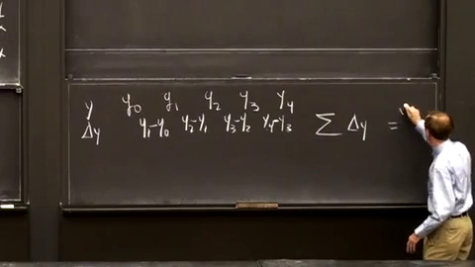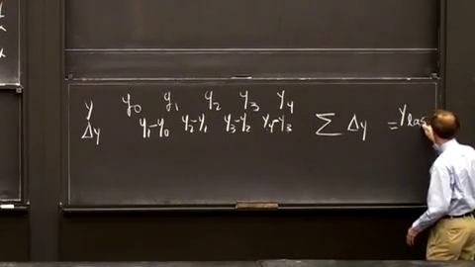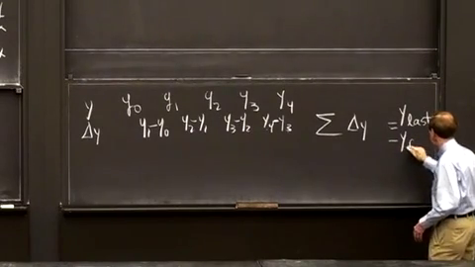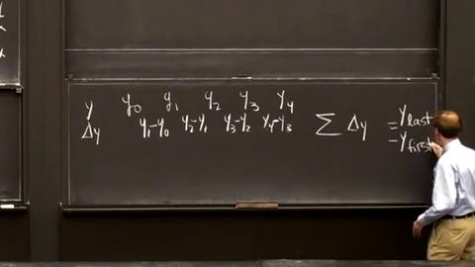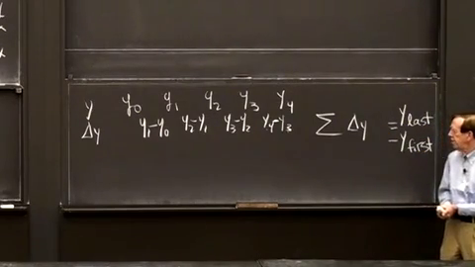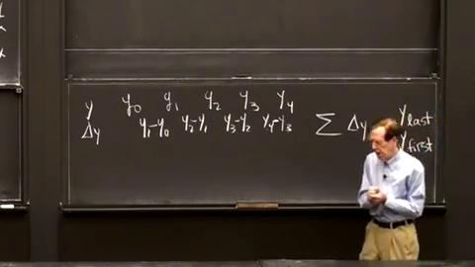I'll just write y last minus y0, y first. Y end minus y start is the sum of the delta y's. Simple algebra.